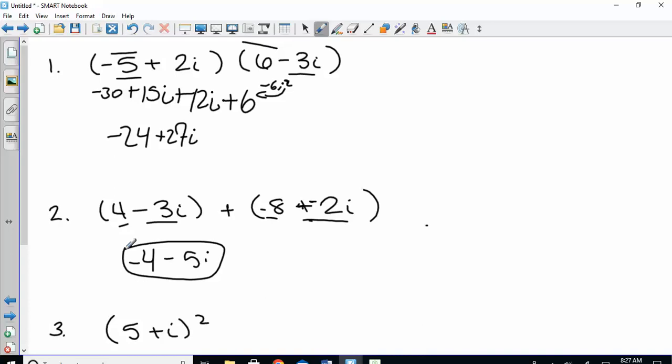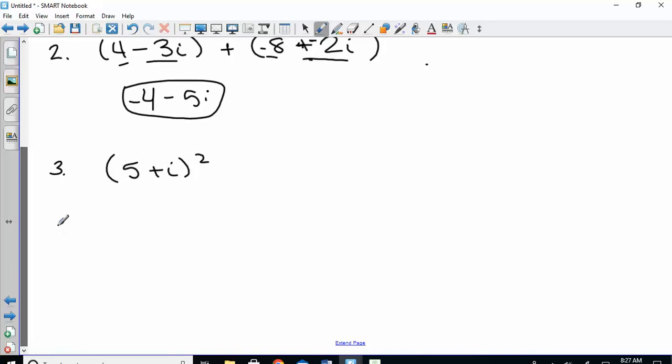All right, number 3. Oh, it's about to get long. So what does it mean if this is squared? Yeah, foil it. We have 2 of them, we have to foil it. Good.